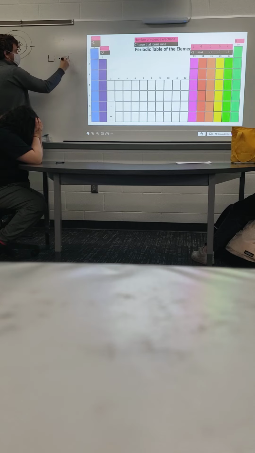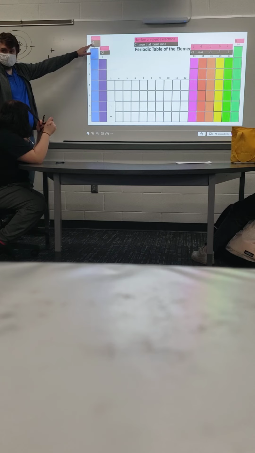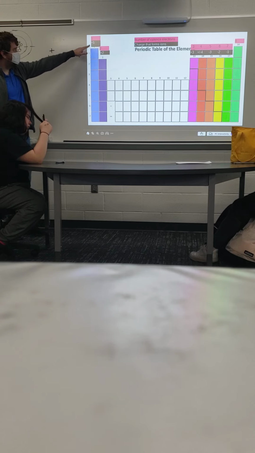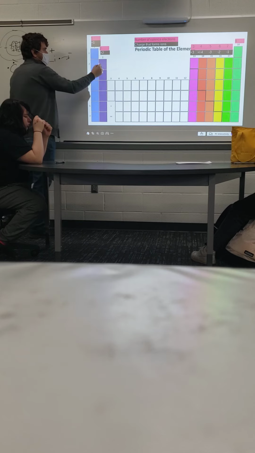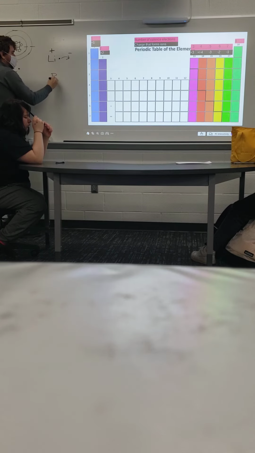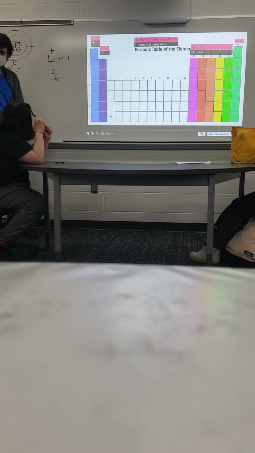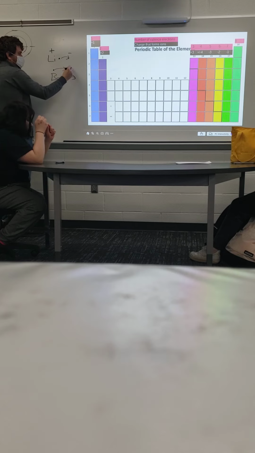It's giving away this negative charge, so it's going to become positive. Lithium is right here. It's going to become positive 1. Next one over, beryllium. Be. 1, 2. Guess what it's going to want to do? It's going to want to give away both of these. It's going to want to give away 2.